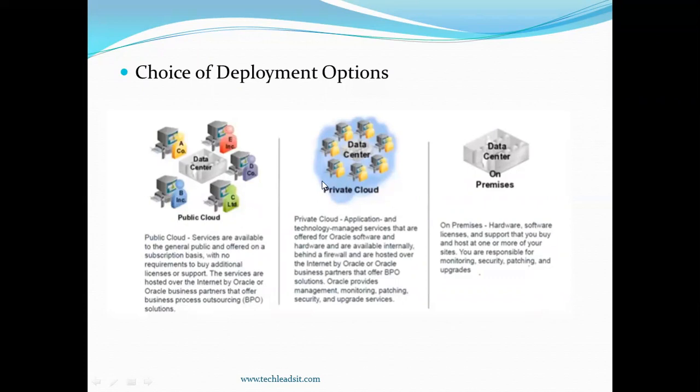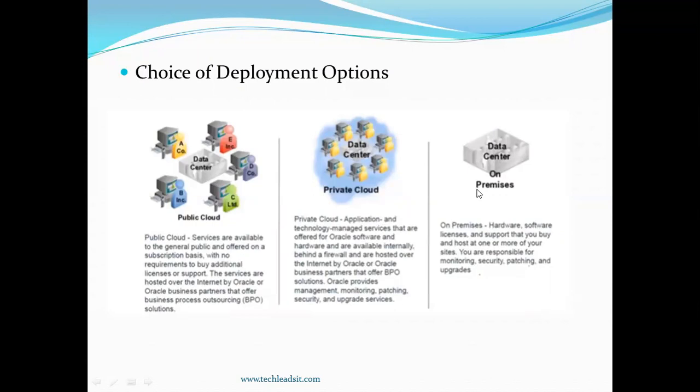Whereas the private cloud is where the data center is restricted to the business partner. If A wants a business change, then only A sees the respective change, and others cannot. That is how Oracle restricts it in the private cloud. On-premises means everything is hosted by the organization itself.